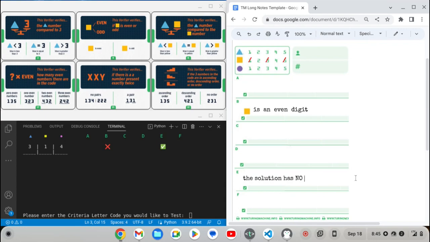So at this point, I'm not sure if we can definitively say that it could be a single digit repeated 3 times. All we know is if it is, it's got to be an even. So that means that we'd have all evens. Let's see. Can we say anything about that?